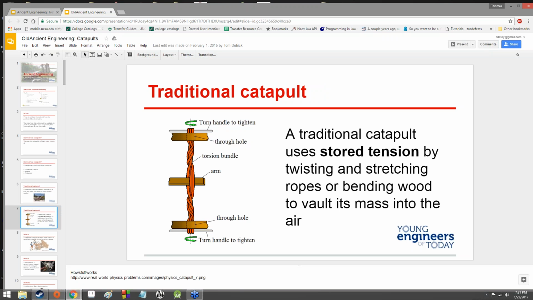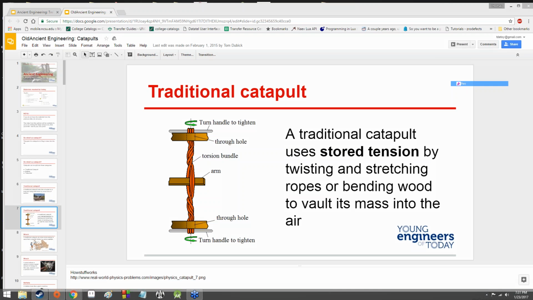A traditional catapult uses stored tension by twisting and stretching ropes or bending wood to vault its mass into the air. So essentially, this is the arm of the catapult. Like if I were to extend this drawing a little bit, this is where the bucket is that holds all the stuff. Look at that bucket. What a beautiful bucket. And they twist this material.